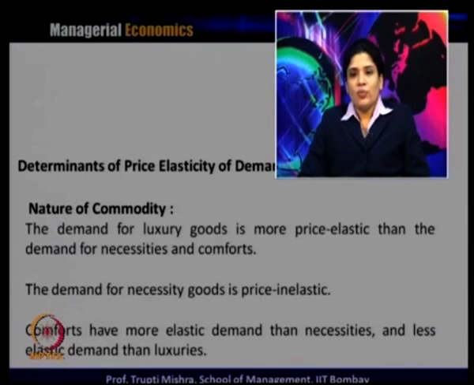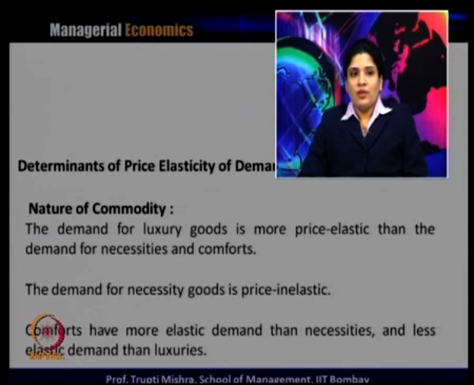Or you take the case of your television, or your branded clothes; for someone again it is a necessity, for someone it is comfort, and for someone it is a luxury good. Now who are the someone here? The different income groups, and the income group is again categorized into three types: low income group, middle income group, and high income group.